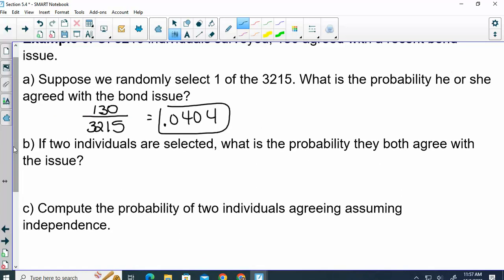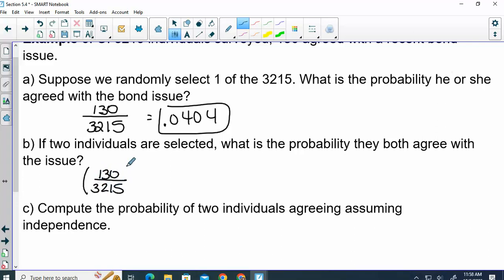Right. If two individuals are selected, what is the probability they both agreed? So the first one agreed and the second one agreed. So and means I'm going to be doing what? Multiplying. What's the probability the first person agreed? Now you can use the decimal.